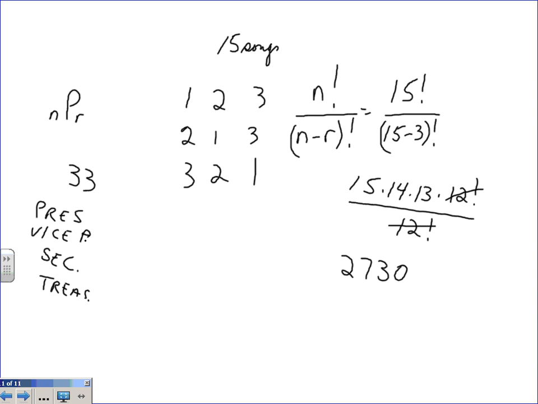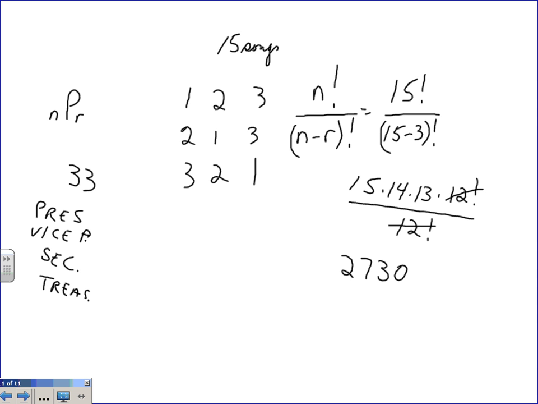How many ways can I take the president, vice president, secretary, and treasurer? Maybe I want to take these 4 girls over here. Does order matter? I mean, we could have president, vice president, secretary, and treasurer. Or maybe it would be president, secretary, vice president, treasurer. Or president, treasurer. So there are a lot of combinations for those 4. Order would matter. Which one's president, which one's vice president.